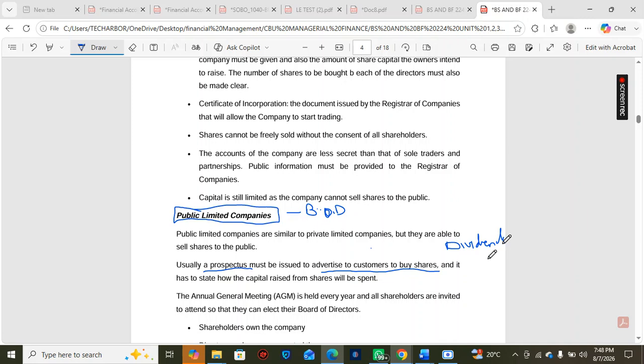Now, you need to remember there are two types of shareholders: ordinary shareholders and preference shareholders. Ordinary shareholders are the ones who have voting rights. They're the ones who vote for the board of directors. They're not entitled to dividends every year. Sometimes they might not collect dividends in a certain year.